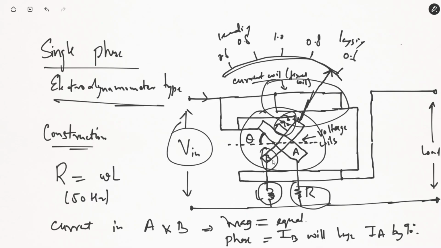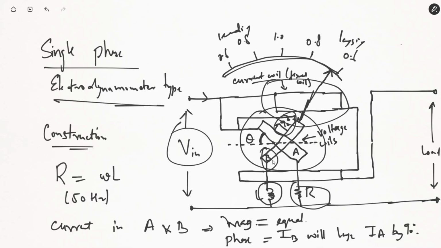So both these two deflecting torques on coil A and coil B will eventually subtract out each other, will balance out each other. The net torque induced on coil A and coil B will be equal to 0.